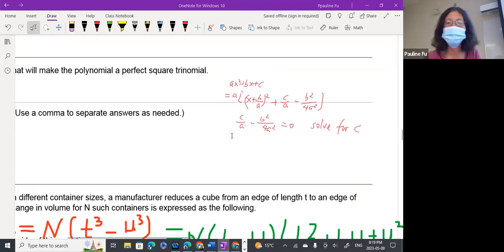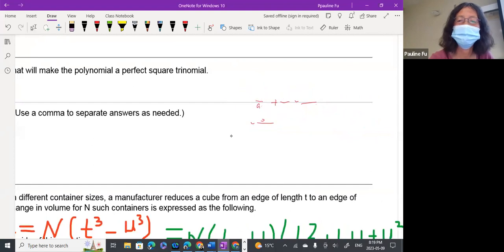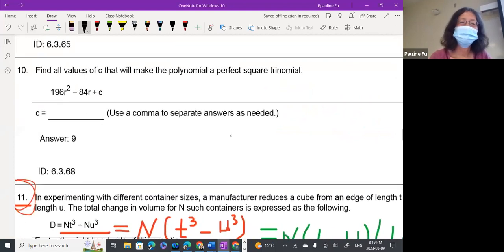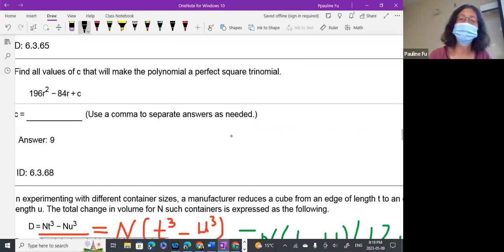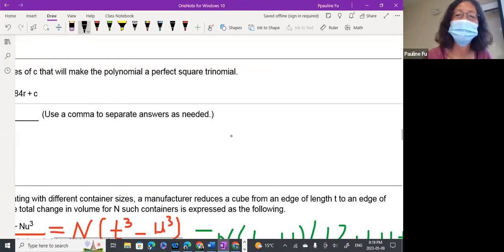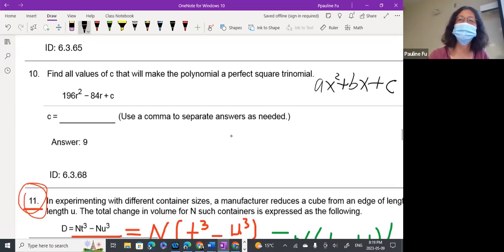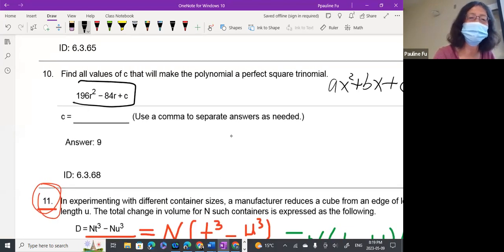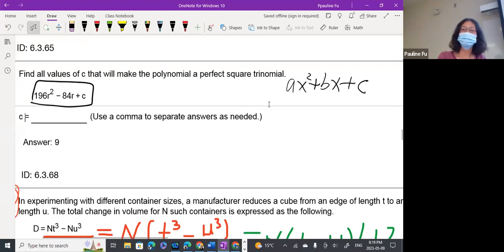Generally speaking, the general format for a quadratic expression is ax squared plus bx plus c. Do you think this one is the same as this one? Yes, same format, exactly. So I will talk about this one.